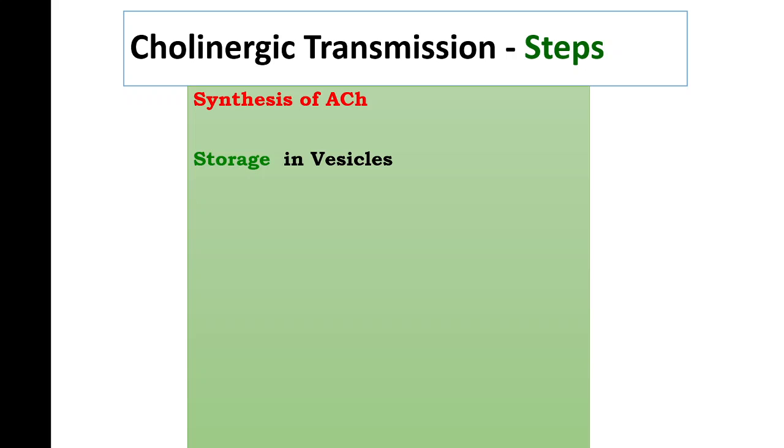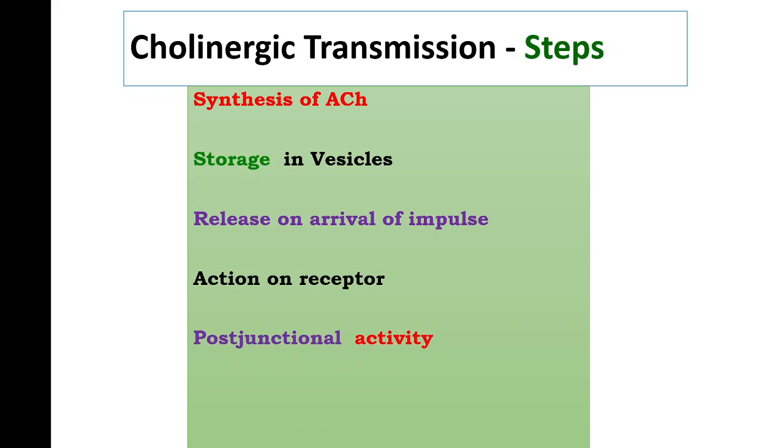Similarly, in the sympathetic system noradrenaline was stored in vesicles. Now again on arrival of stimulus, there will be release of acetylcholine from nerve endings. Acetylcholine will act on the organ which has receptors. There will be action on the receptor and some activity on the organ.